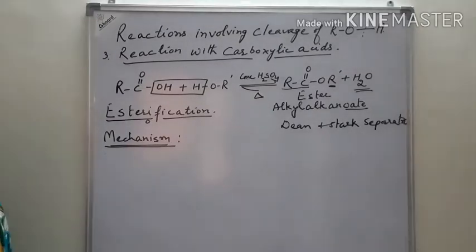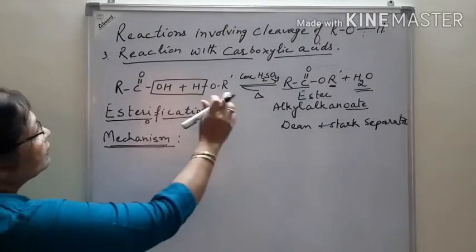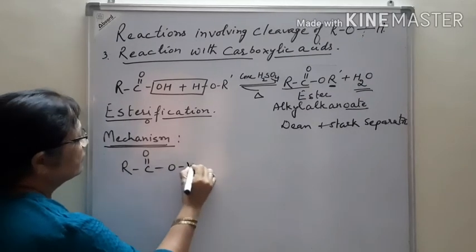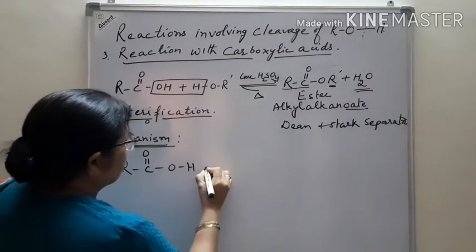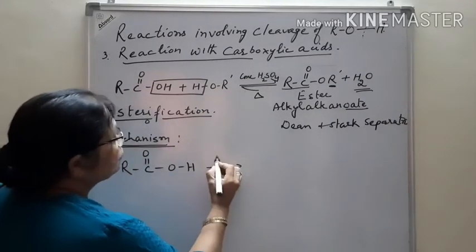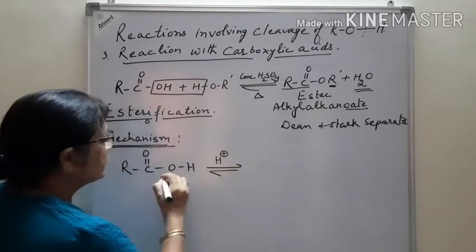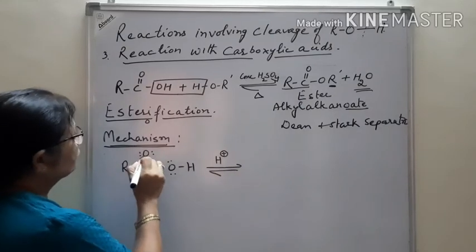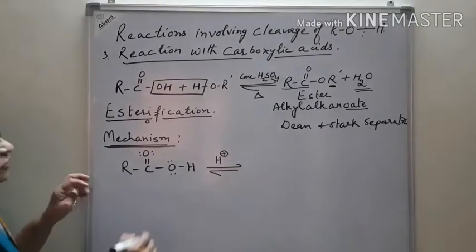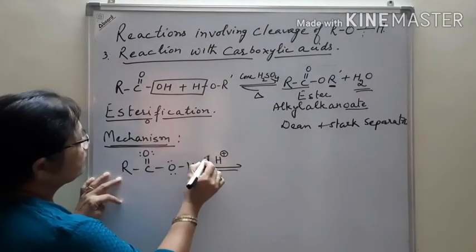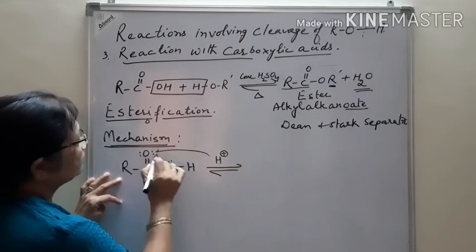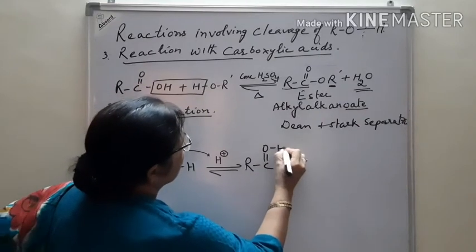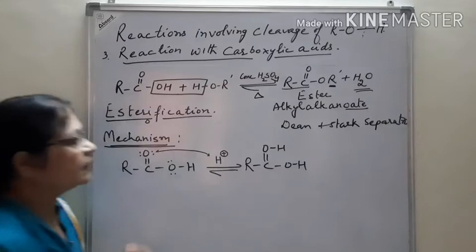Now we discuss the mechanism. In the mechanism, you start from the acid, right? Sulfuric acid is used as a catalyst, and that catalyzes the reaction. There are two lone pairs of electrons on the oxygen atom. First protonation, whose protonation will it be, this one's, okay. First the carboxylic acid is protonated.